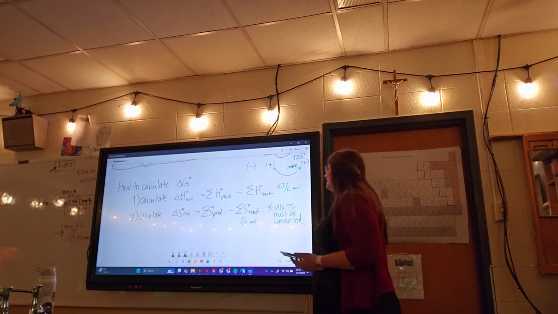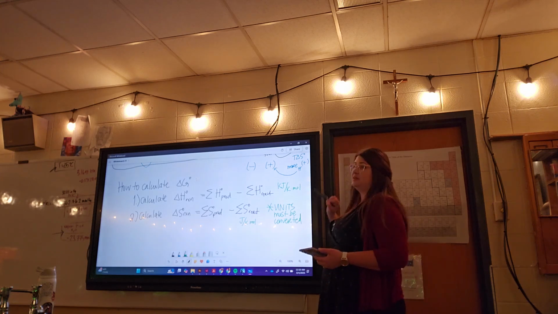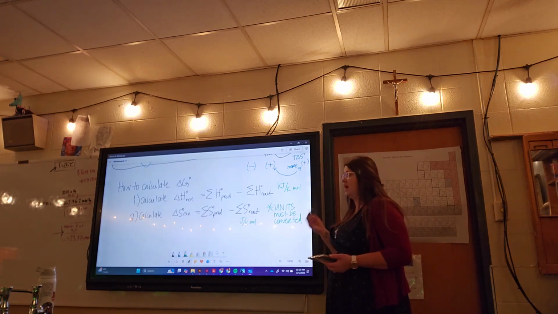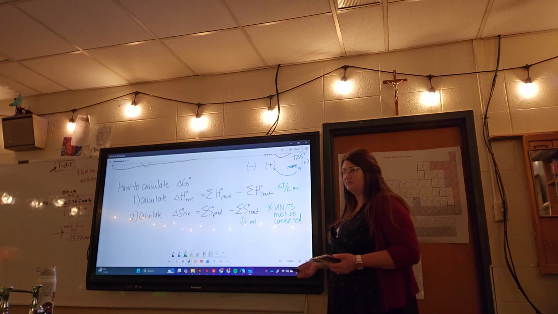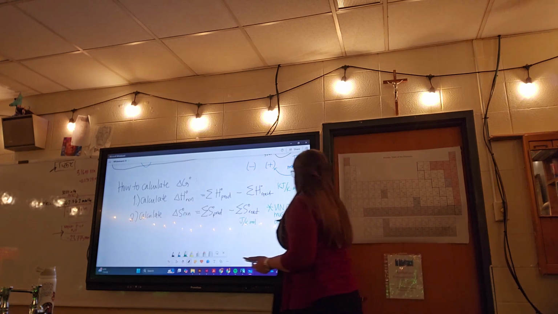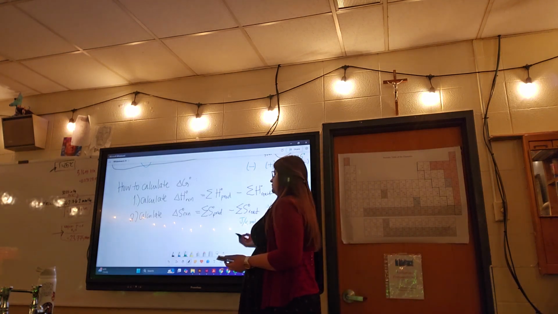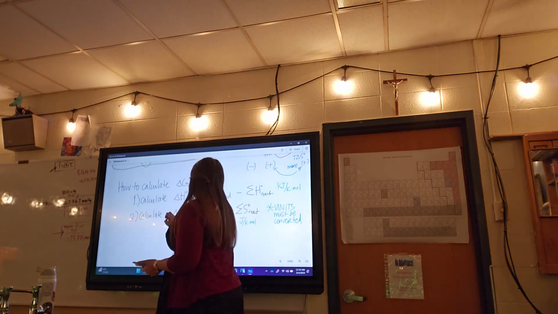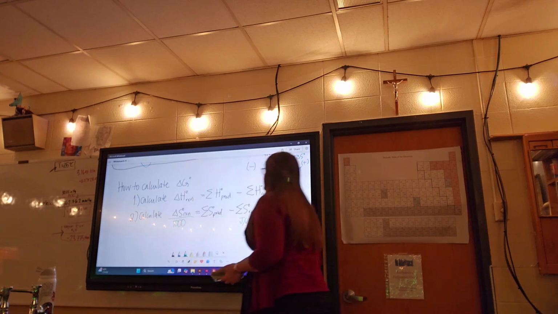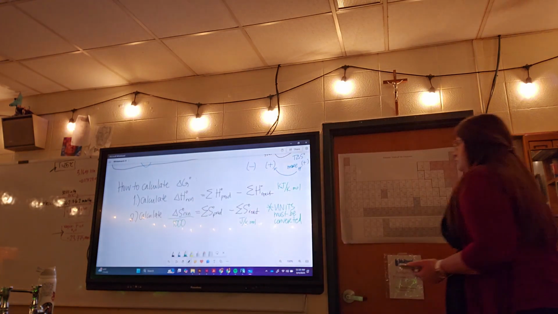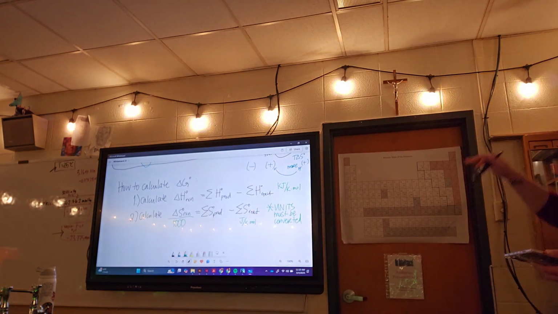So one of them has to be converted to the other because you cannot add two different units. So when you get this answer, I would just recommend calculate delta S reaction and then divide by 1,000. That'll give you kilojoules, which is what you had from enthalpy.